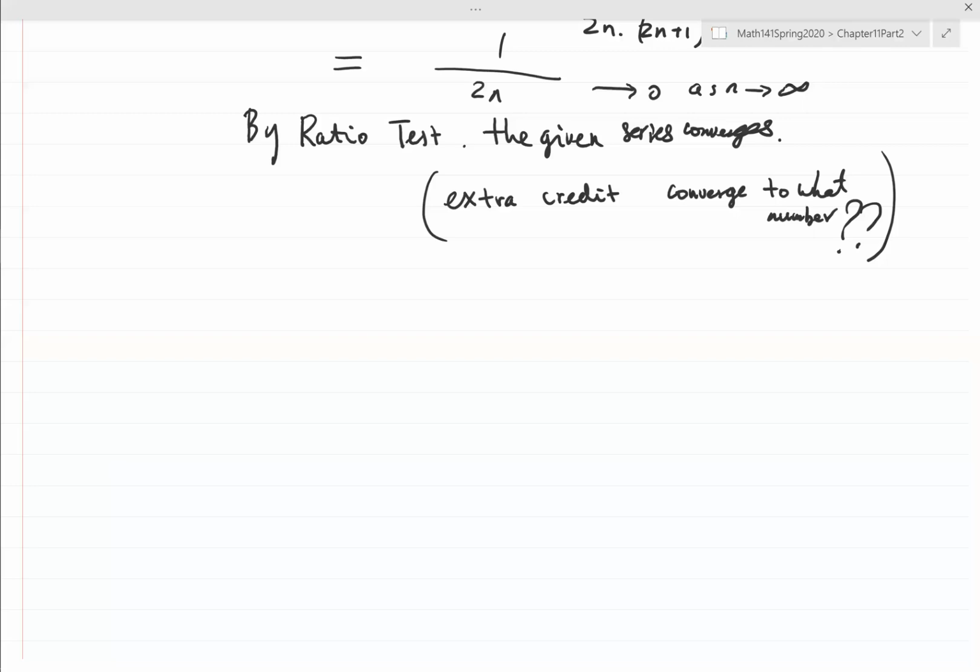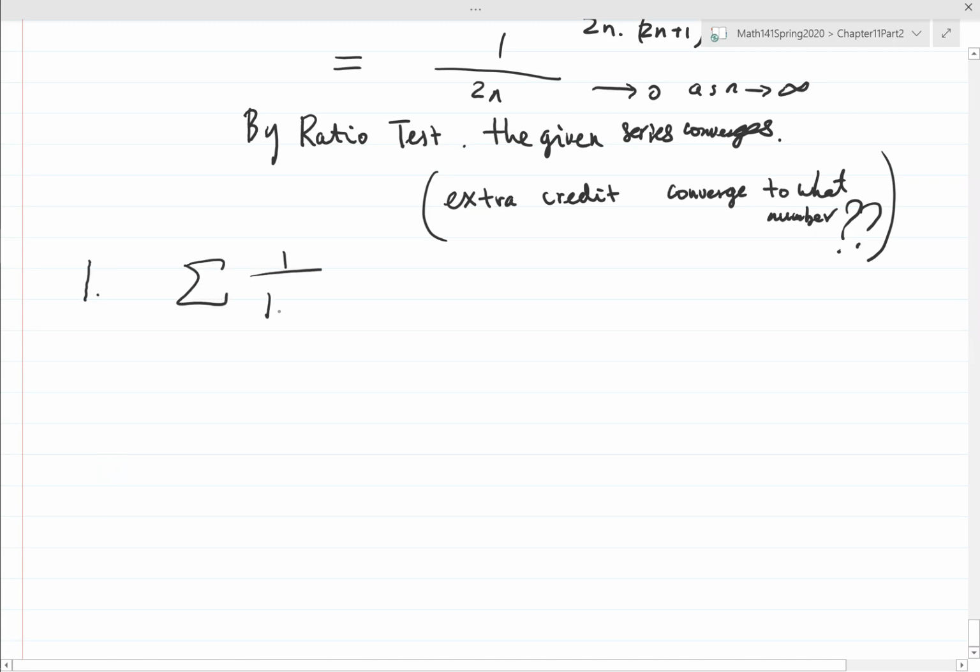Now, the tests to determine whether a series converges or diverges are the following. One, the p-test. In which situation do we use the p-test?